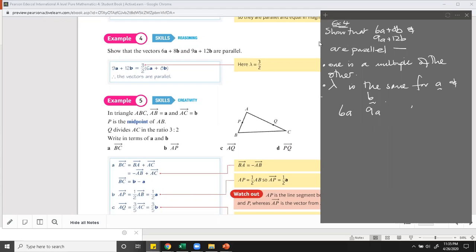You can do 9 over 6, which is 3 over 2. And we've got 8b and 12b. And 12 over 8 is 3 over 2. So lambda is 3 over 2. Therefore, we could say that 9a plus 12b is 3 over 2, 1.5 times, if you like, 6a plus 8b.